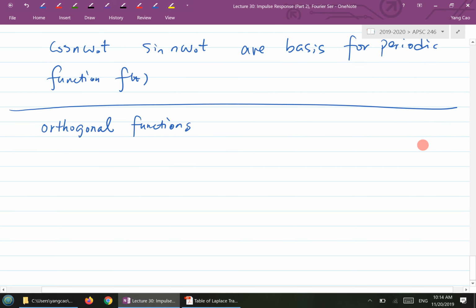Before we talk about orthogonal functions, how about orthogonal vectors first? Let's say I have two vectors, u and v.